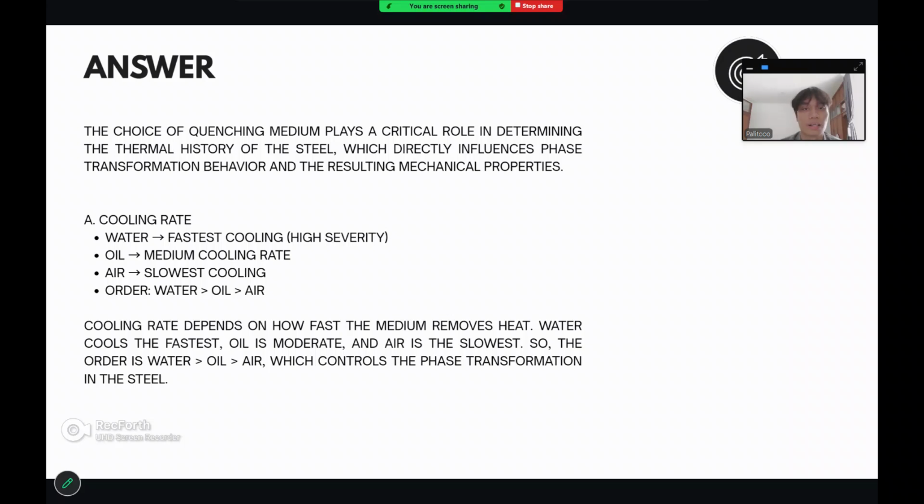The order is water, oil, and air. The cooling rate depends on how fast the medium removes heat, which controls the phase transformations in the steel.